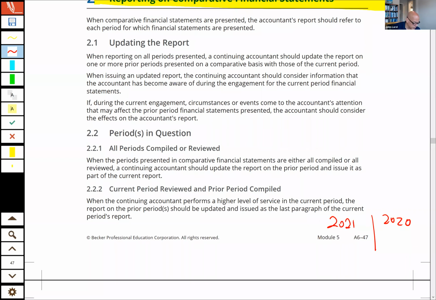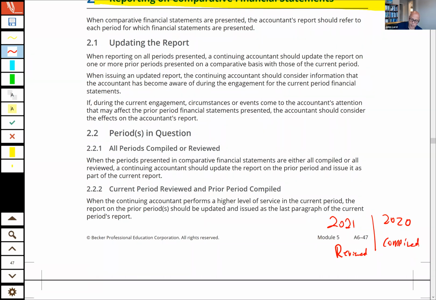That's comparative statements. Now, what happens if we have a situation in which 2020 was reviewed, but 2021 was only compiled?